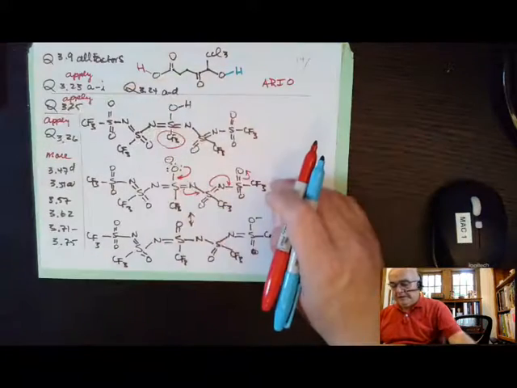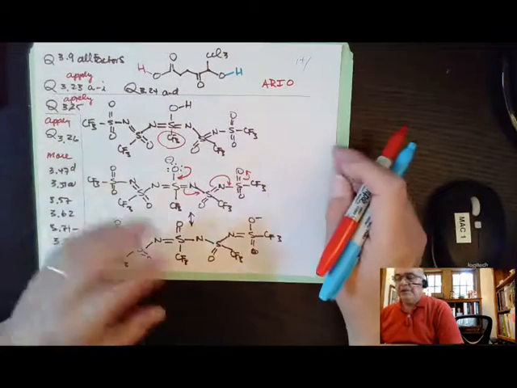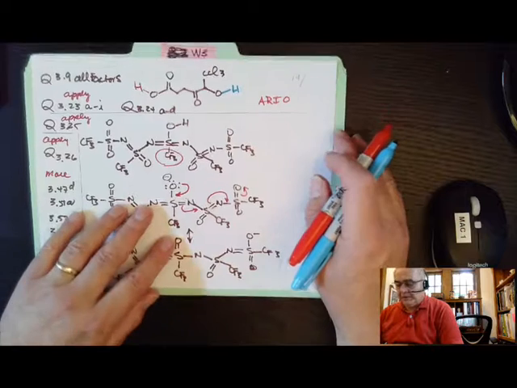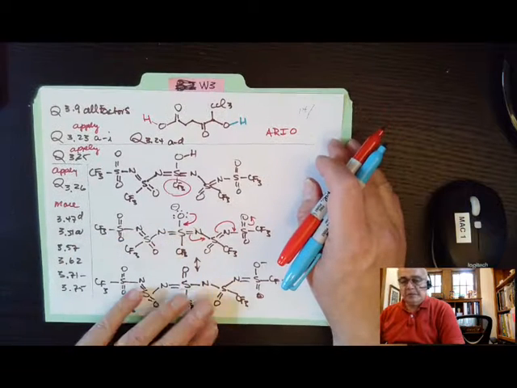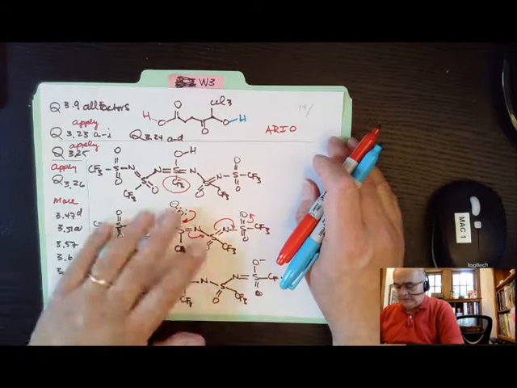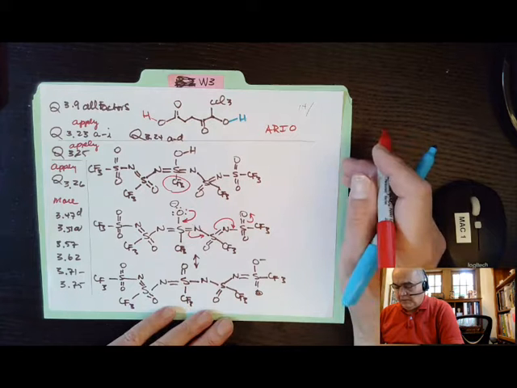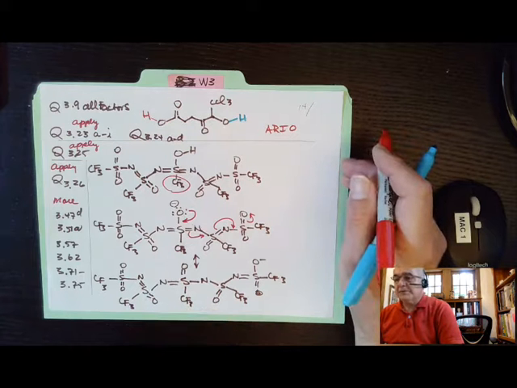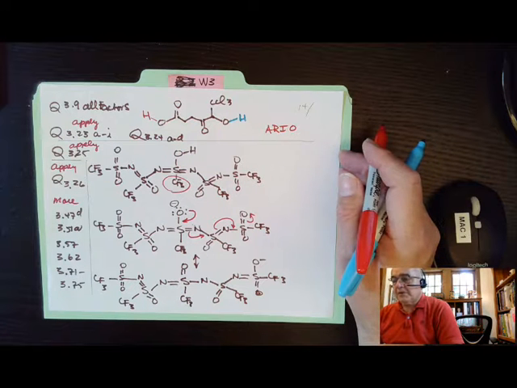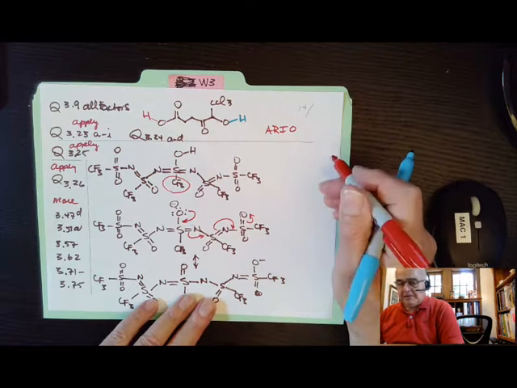So now if you put all of them together, I really like this crazy structure. This crazy structure is one of the strongest acids that organic chemists were able to make. As you can see in the structure, the acidity comes from this OH.